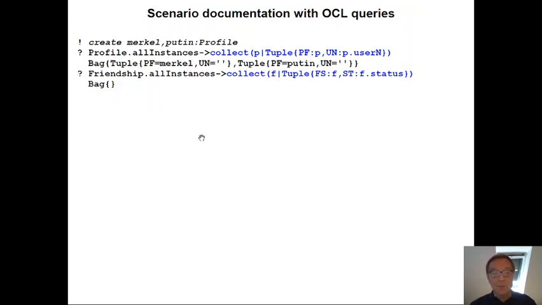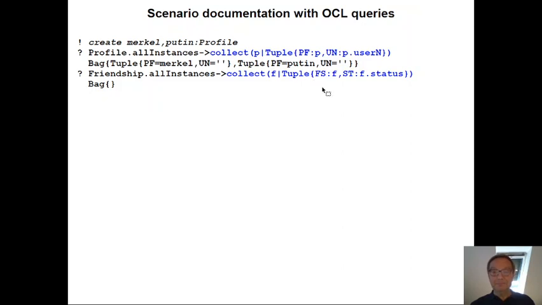And in a similar way, I'm doing on the shell a query which iterates over all friendship objects, Friendship allInstances collect. With the f, I'm iterating over all friendship objects, and I'm doing quite a similar thing to what I've been doing in the first part over here.